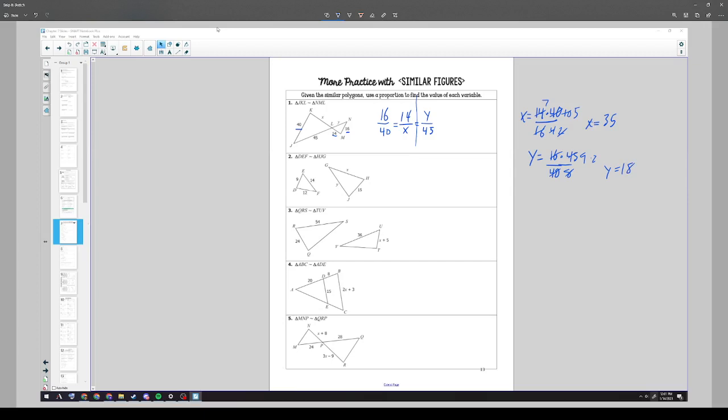Let's go to one that has operations like this. This is the last one that I'll do in the video. We have MNP is congruent to QRP. So let's look. We kind of want this thing on top. So I'm going to put 3x minus 9 over, that's PR, it corresponds to PN.